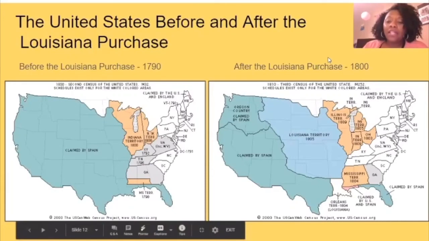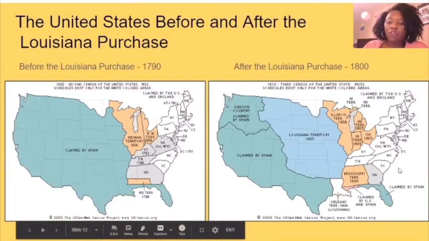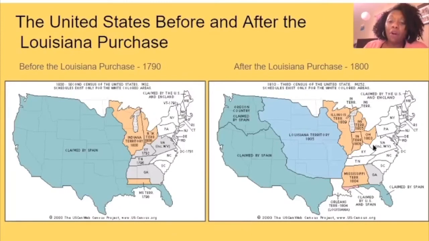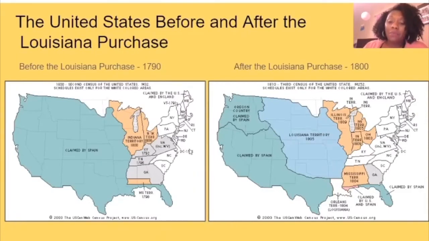And now what it looks like post Louisiana Purchase. So we still have this area that's controlled by the United States, but if you notice, now the Louisiana Territory is part of the United States. We also have this area down here that is part of the United States. So it has changed drastically, and if you look at the size, it's pretty much double.